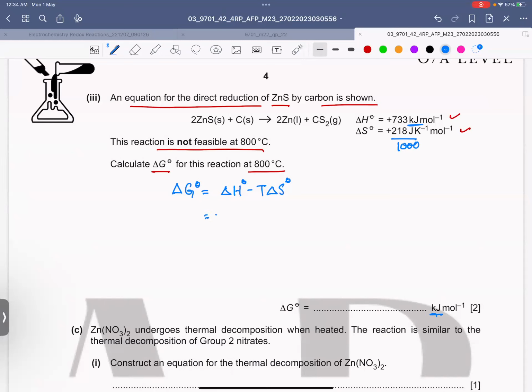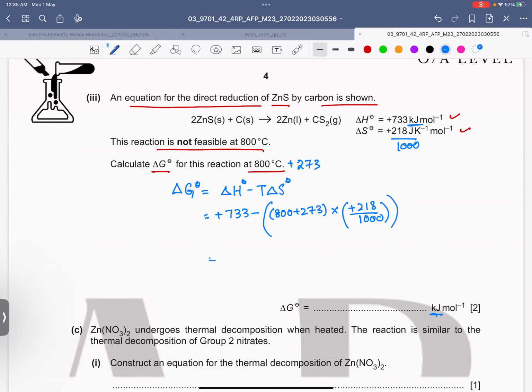So enthalpy change is positive 733 minus temperature. Remember that temperature must always be in Kelvin, and here they have given you 800 degrees Celsius, so you have to add 273. So 800 plus 273 would be the temperature, then multiply by positive 218 over 1000.